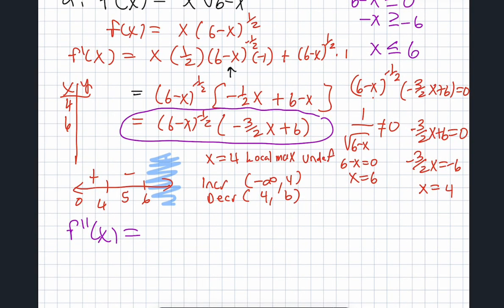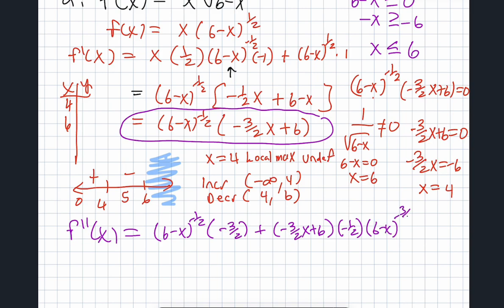So it is going to be the first times the derivative of the second. It's just a negative 3/2 x, so it's negative 3/2, plus the second times the derivative of the first. Now we drop that power down in front, leave the junk, power goes down by 1, derivative of the inside.